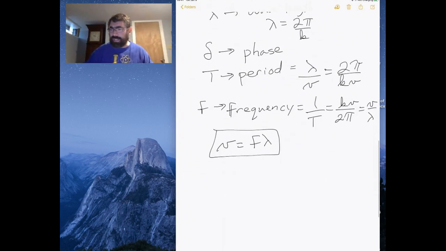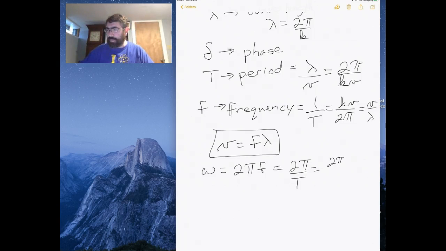Now if I consider an angular frequency, so 2 pi times the linear frequency, then I would get 2 pi over the period. And 2 pi over the period would be 2 pi over 2 pi over kv, or kv.